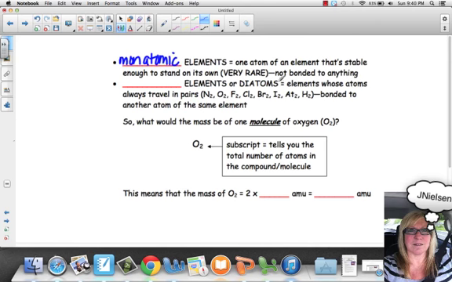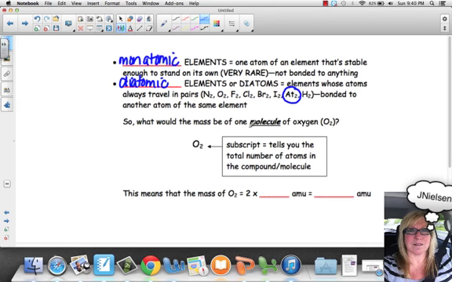Diatomic elements are elements whose atoms always travel in pairs, bonded to another atom of the same element. You know this as Br, I, N, Cl, H, O, and F, Brinkelhoff. So these are our diatomic elements, meaning two atoms.